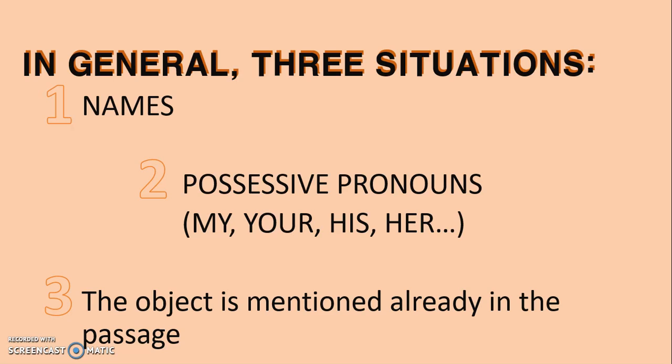And the third case would be that the object is already mentioned in the passage earlier. This is quite common in your exam if you are given a whole paragraph. If the thing is mentioned before and we are very clear about which object or which person we are talking about already, then again, we can use comma. Because the relative clause, even when taken away, we know which object or which person we are talking about quite clearly.